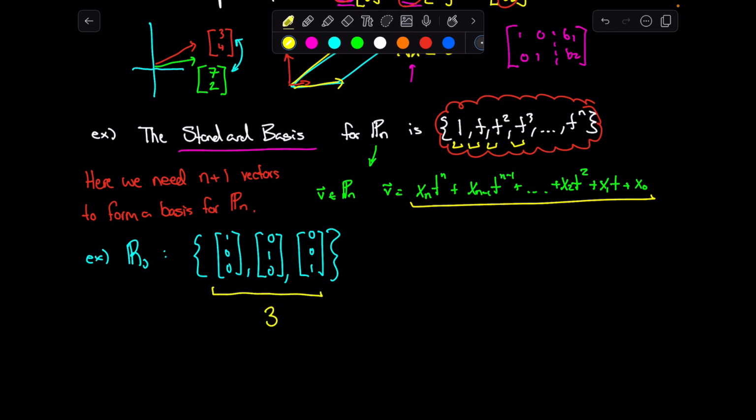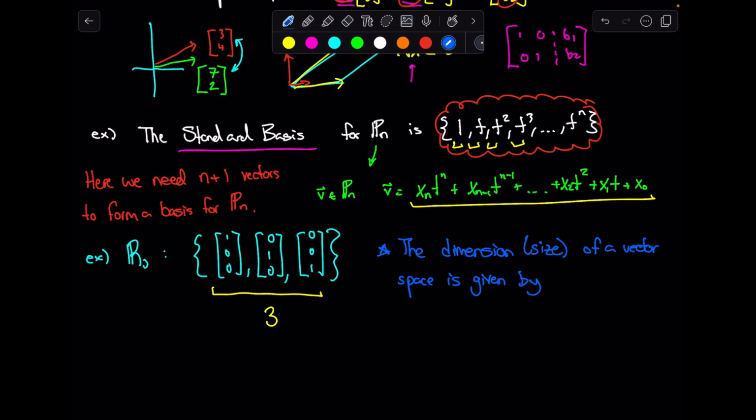And it turns out that we have a name for this. We say that the dimension of a vector space, kind of like the size, is given by, what do you think?